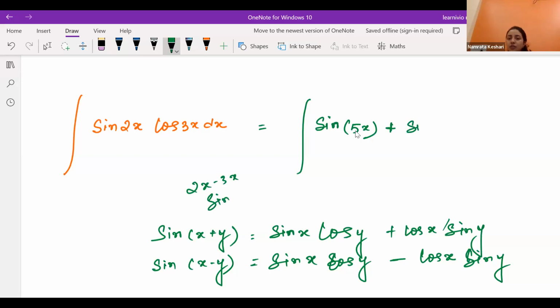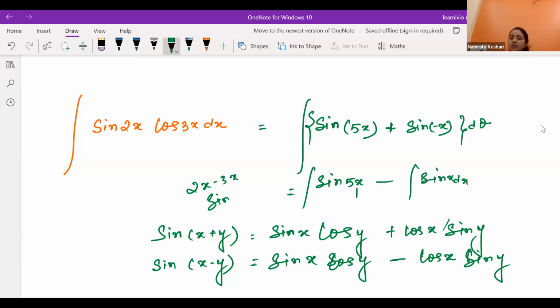Do we know that sin of minus theta is minus sin theta? So we are done, right? Sin 5x minus sin x dx, of course.